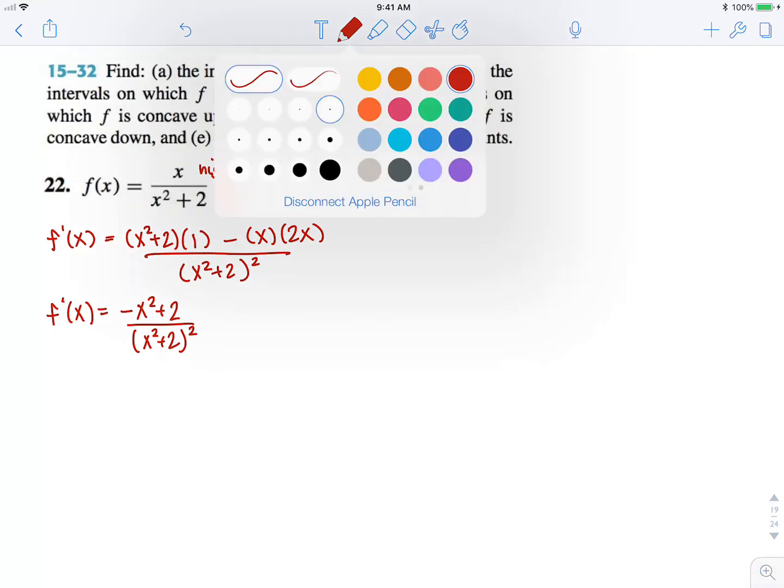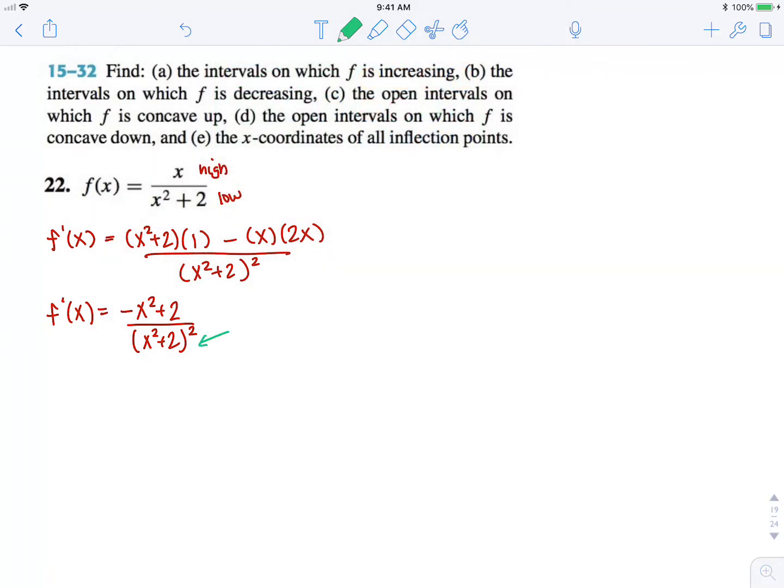So we see that this denominator here will never equal 0. So there's no critical values for the denominator, but I know f prime of x equals 0 when x squared equals 2, or x equals plus or minus square root 2. So those are our two critical values.